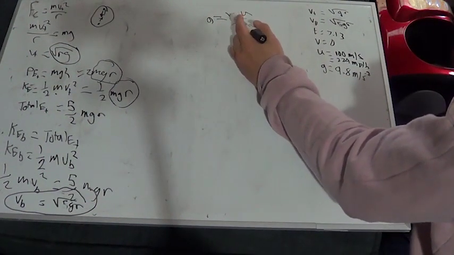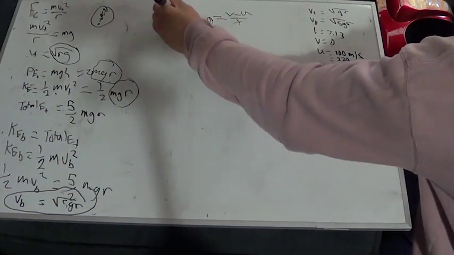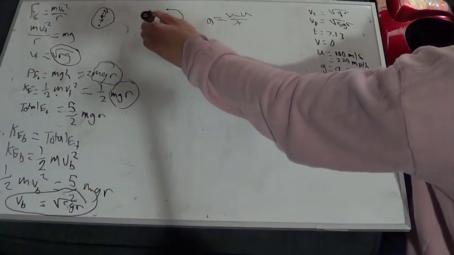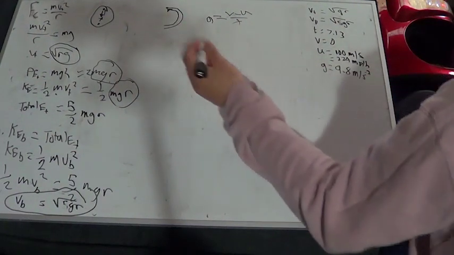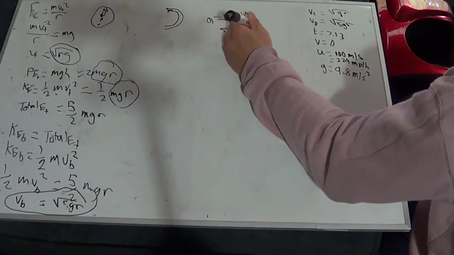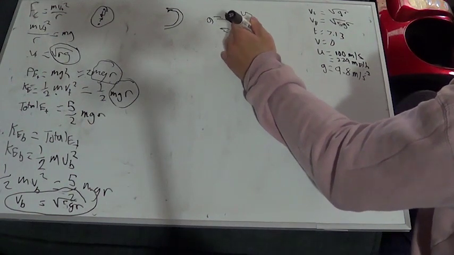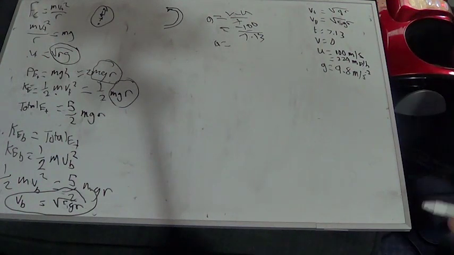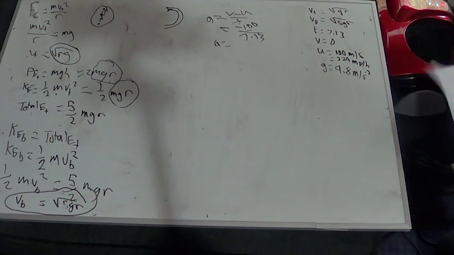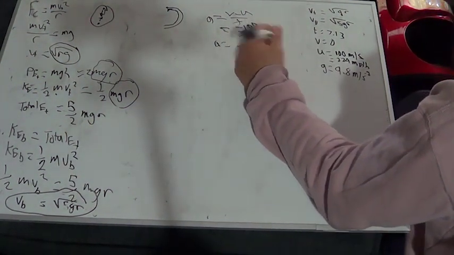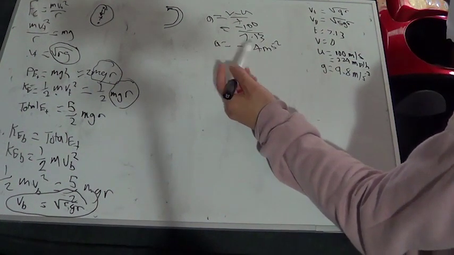His final velocity is 0 because he stopped in the middle of the loop. So acceleration equals that, and his acceleration equals minus 14 meters per second squared.